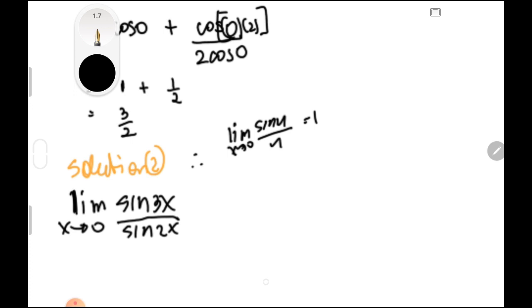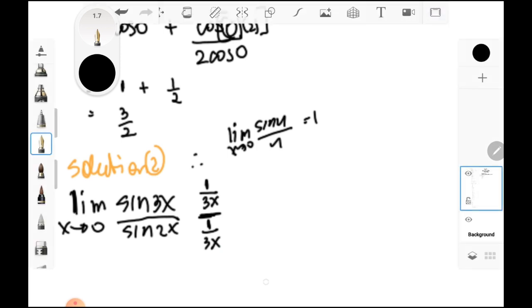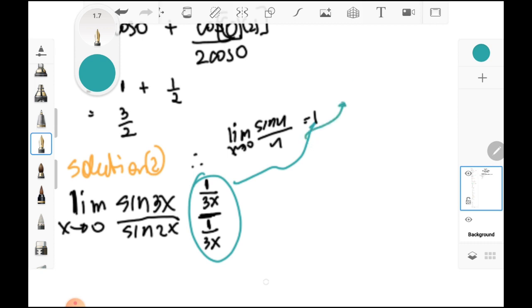So what do we multiply to the 3x so that it has a value equal to 1? We have 1 over 3x, but take note that we also have 1 over 3x. Any number divided by itself, 1 over 3x divided by 1 over 3x, is equal to 1.